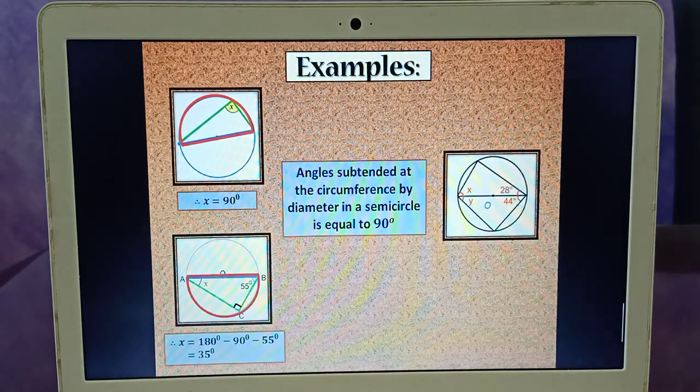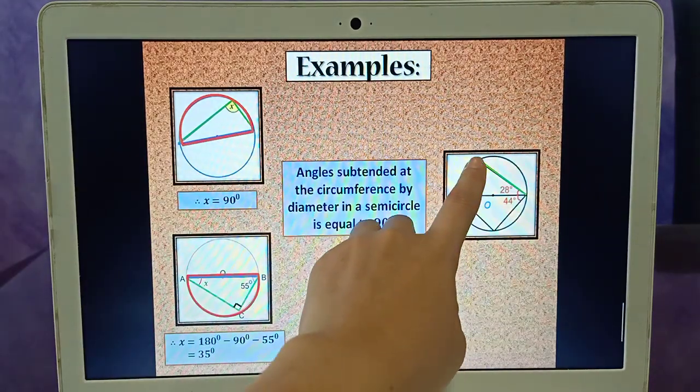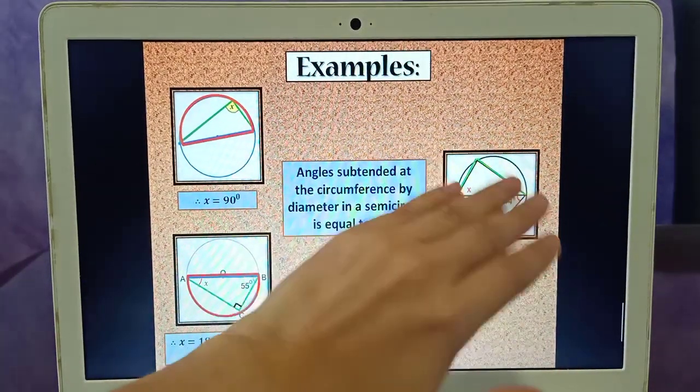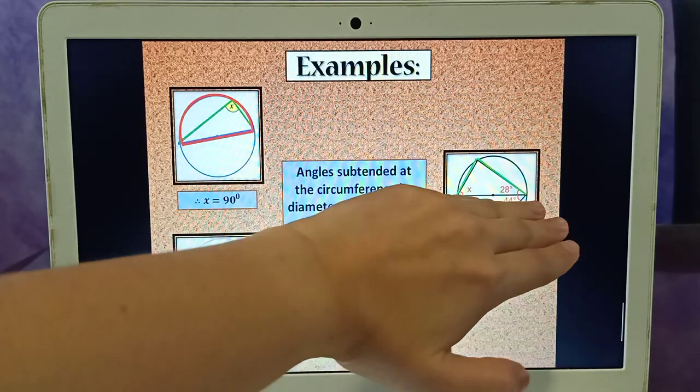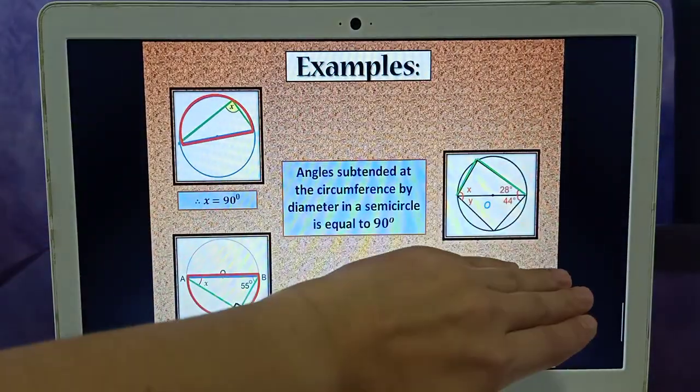Next, how about this one? This diagram is more complicated, but it is actually very simple. I divide it into two parts, the upper semicircle and the lower semicircle.